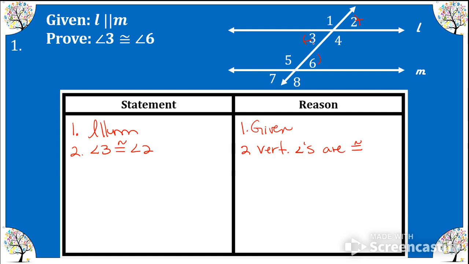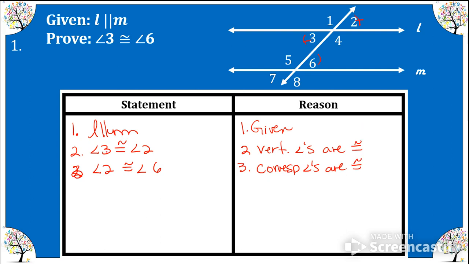Okay, now that I know 3 and 2 are congruent, I also know 2 and 6 are congruent. Statement number 3: angle 2 is congruent to angle 6 because of what we just looked at, corresponding angles are congruent.